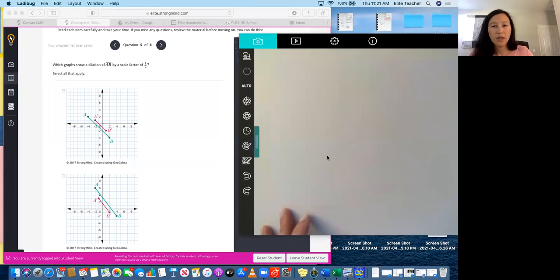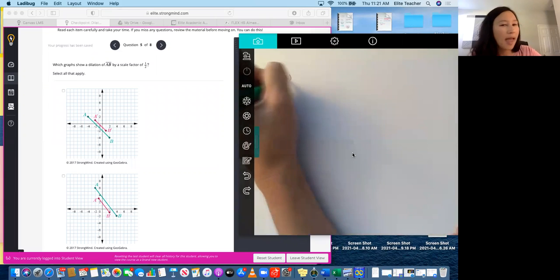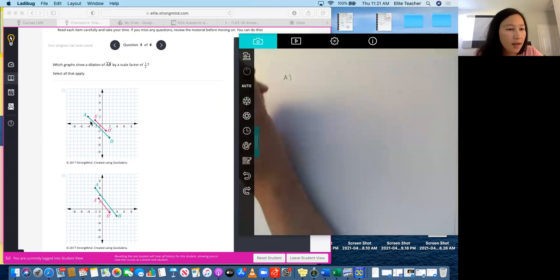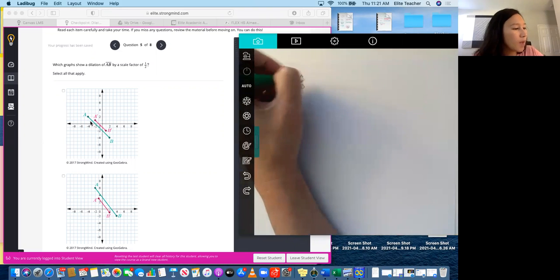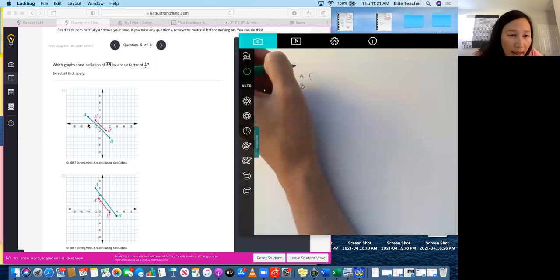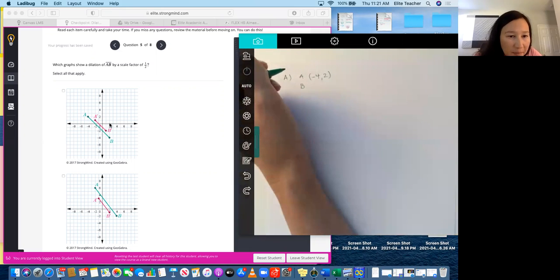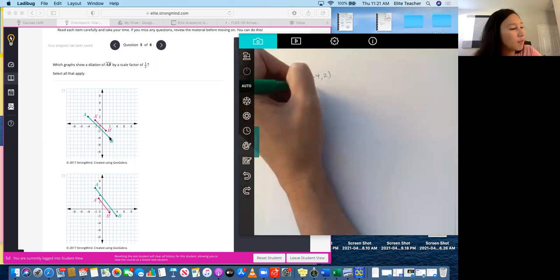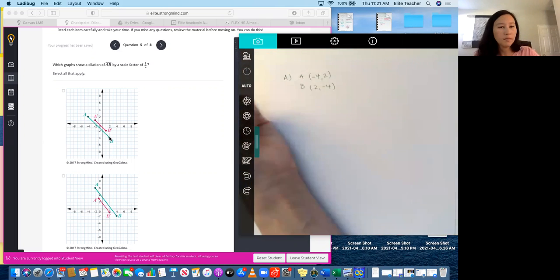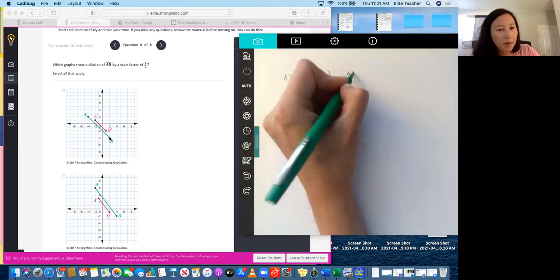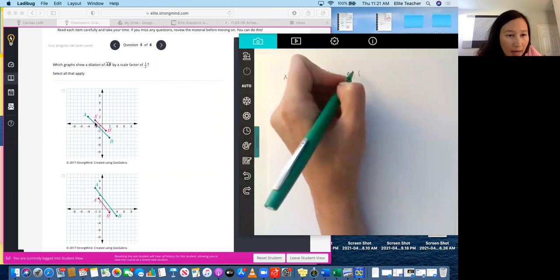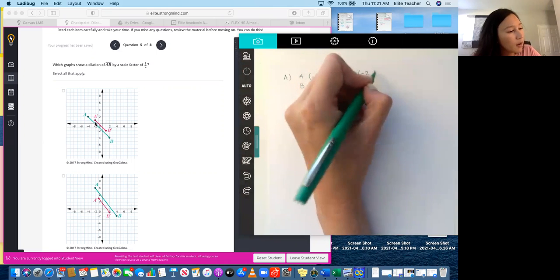So we'll start with the first graph. Point A is at 4, 2, or sorry, -4, 2. And B is at 2, -4. Then A prime is at -2, 1.